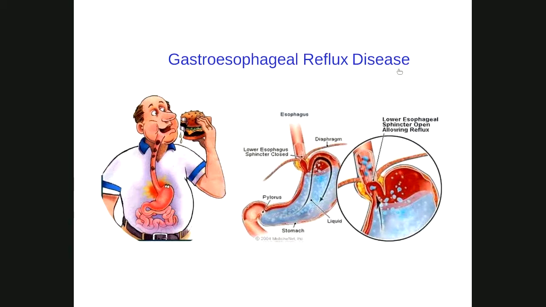I remember some examples: coffee is known to relax the lower esophageal sphincter. Chocolate also relaxes it. So these types of food might decrease the tone of constriction in the lower esophageal sphincter, which might allow the passage of gastric content into the esophagus, and the esophagus is not prepared for that high acidity.